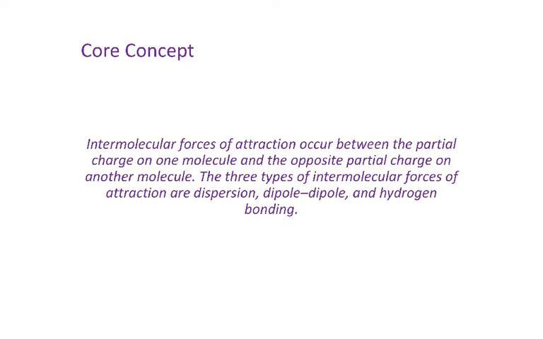Well, opposite charges attract, and so if there are 2 molecules nearby, one has a positive end and one has a negative end, the 2 molecules will align themselves so that those 2 ends are pointing towards each other, and there will be an attractive force between them.